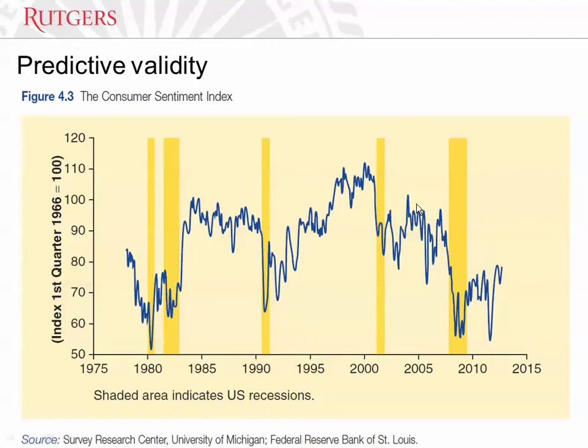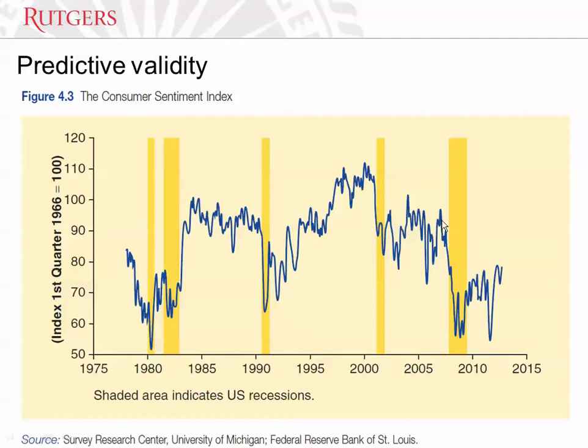Probably the most telling thing is the last big economic crisis we just went through. Of course, there was lots of bad news, but one of the things that tipped the economy into recession, in addition to all the financial problems, was really consumer fear of losing their jobs or losing their savings.